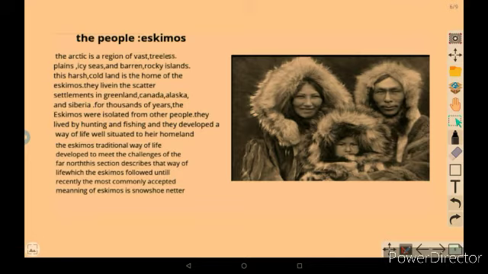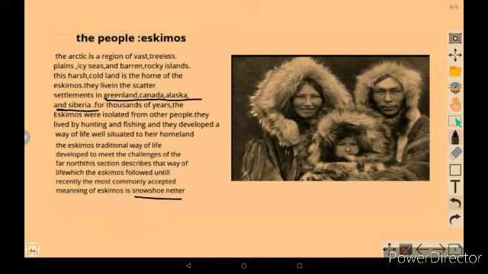First, let's conclude what we learned here. Firstly, we need to learn the names here. The settlement places, scattered settlement places. What are the places they live in? Greenland, Canada, Alaska, and Siberia. These are the places they live. And the name is snowshoe netter, right?